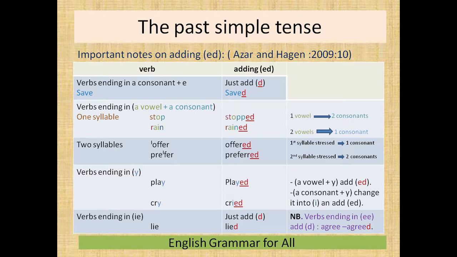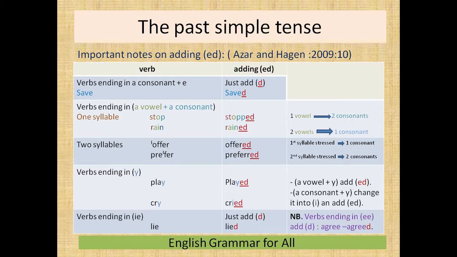Verbs ending in y, take for example the verbs play and cry. We have to look at the letter that precedes the y. In the verb play we have a vowel sound, so we just add the ed. So play, played, just add ed. As for cry, the y here is preceded by a consonant, so we change the y into i and then add the ed.